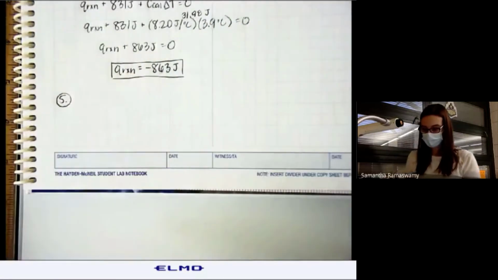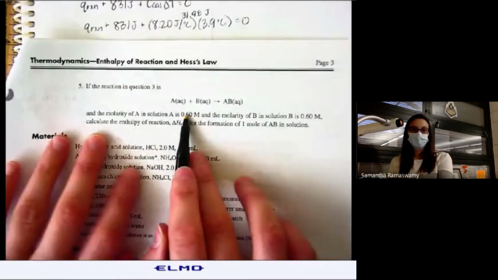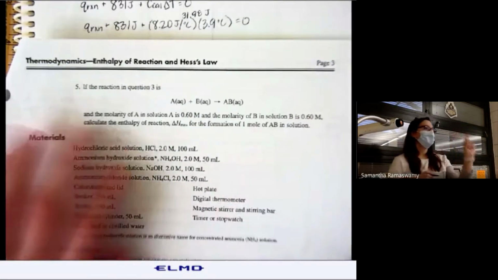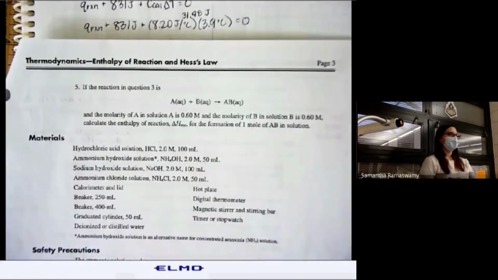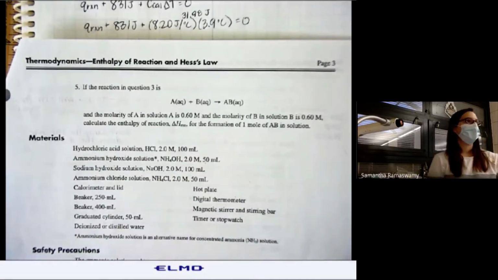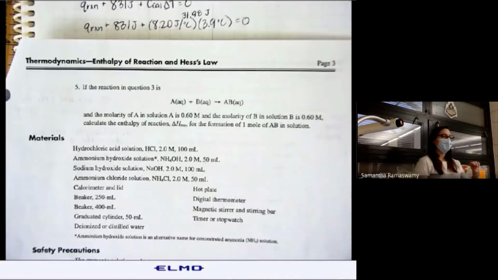Now something to think about. The molarity of A and B is the same. The volume of each solution was the same. It was 25 milliliters of each. Since molarity and volume are the same, moles are the same.